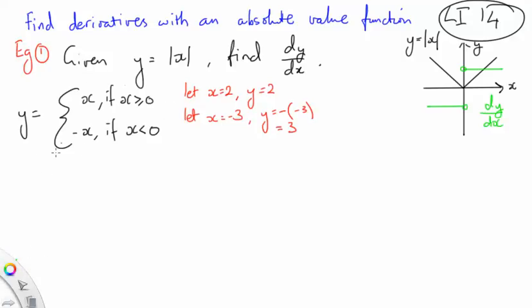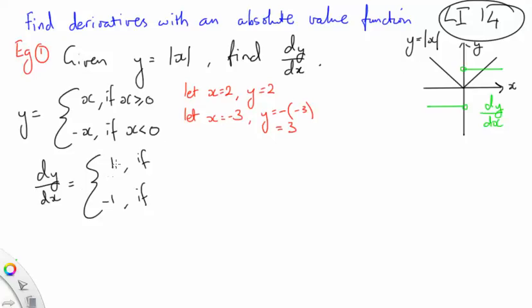Let's take this derivative. dy dx equals, it's a piecewise function, so you take the derivative piecewise. The derivative of x is 1. The derivative of negative x is negative 1. Now, the thing to be watching is your domain. Over here, we're not including 0.